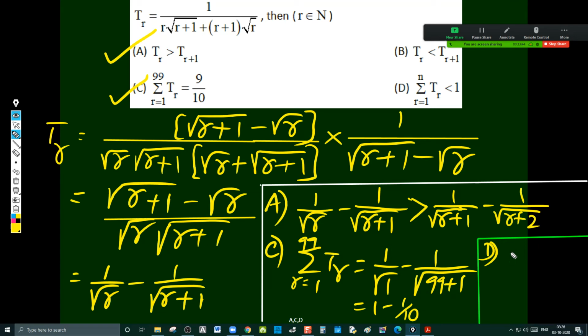First term obviously 1 minus, and the last term is the nth term, given 1 by root n plus 1. Because n is a natural number here, obviously it is less than 1 only always. So D is also correct.